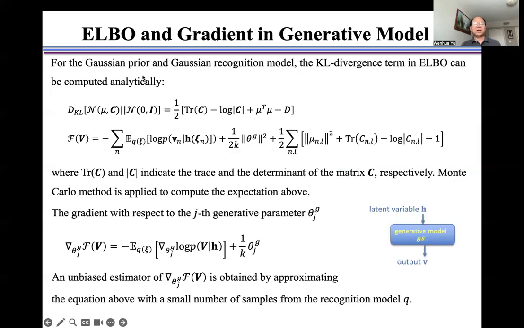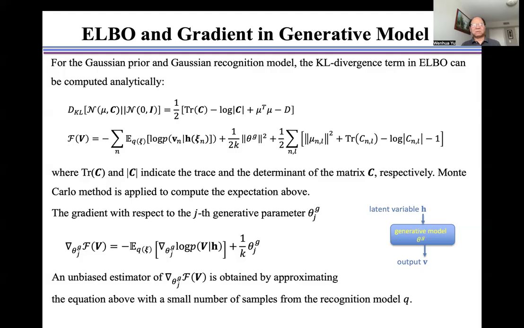For the Gaussian prior and the Gaussian recognition model, the KL divergence term in the evidence lower bound can be computed analytically, as shown here, where tr(C) and |C| indicate the trace and determinant of the matrix C, respectively. A Monte Carlo method is applied to compute the expectation above.